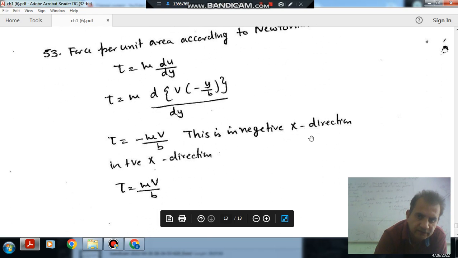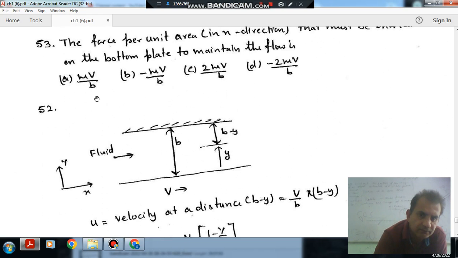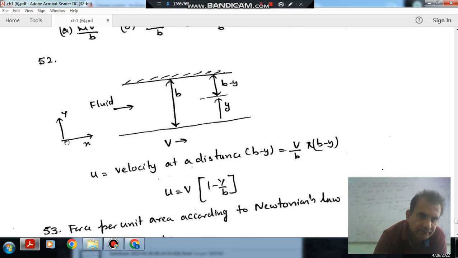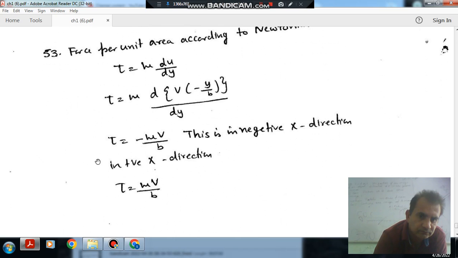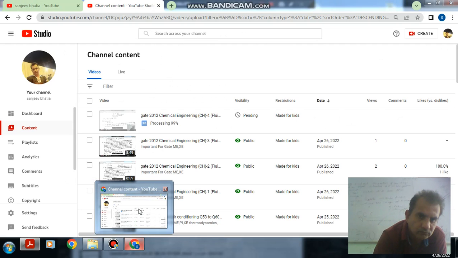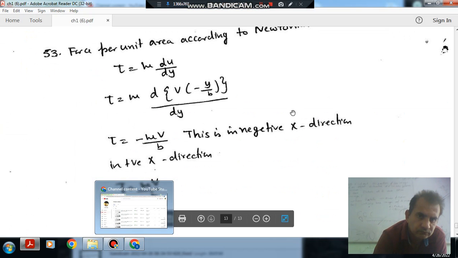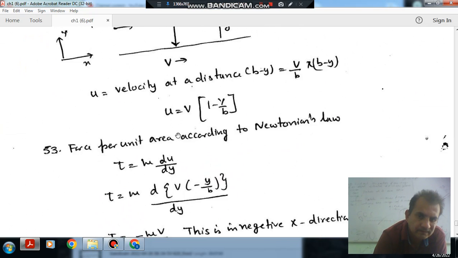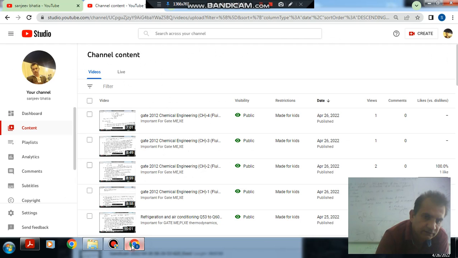This is in the negative x direction, so the shear stress is in the negative x direction, because the flow is in the positive direction.